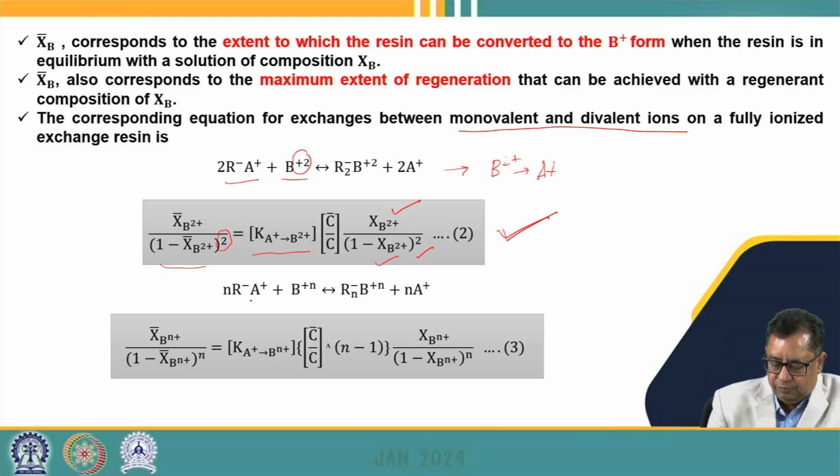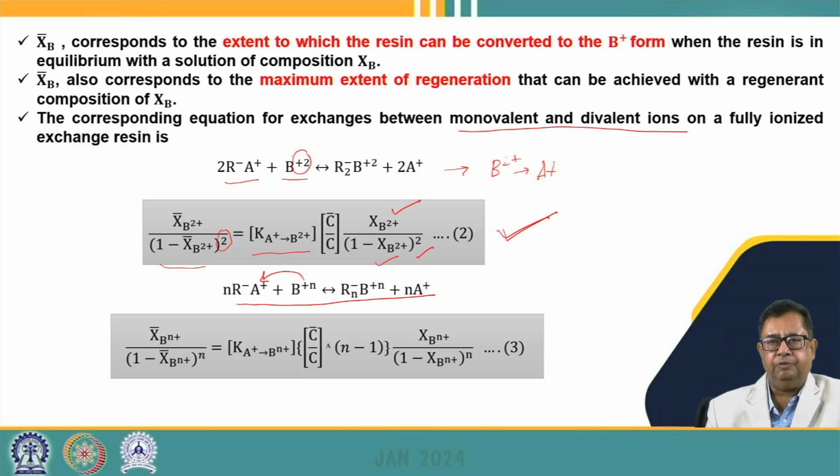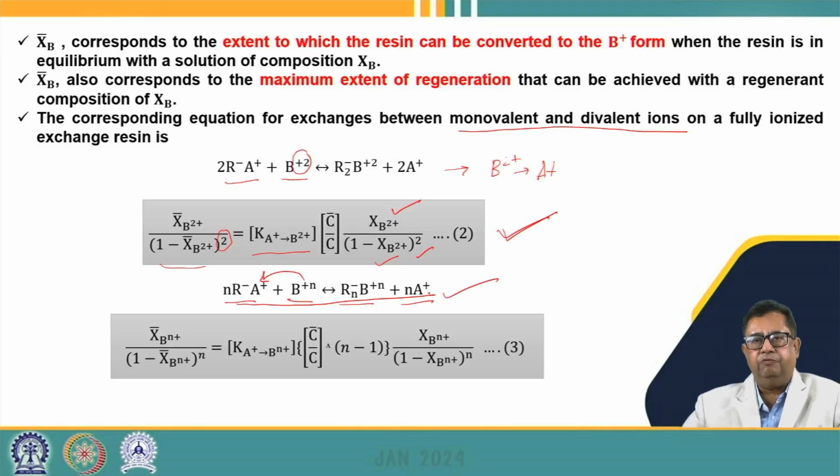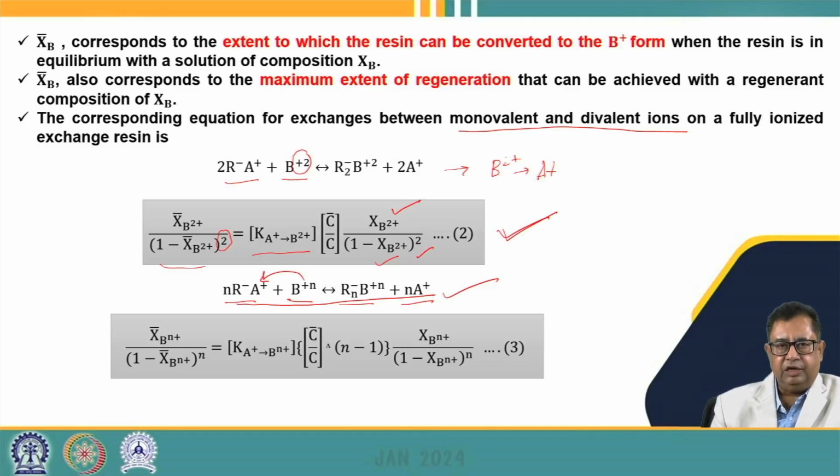Okay, so if we write a generalized equation, that is B n plus replacing A plus ions, or n plus valency ions replacing the monovalent ions, we can see the resin fraction and the solution fraction at equilibrium. This equation can again be solved using the selectivity coefficient values, and we get the generalized equation where the n plus valency ions replace the monovalent ions.